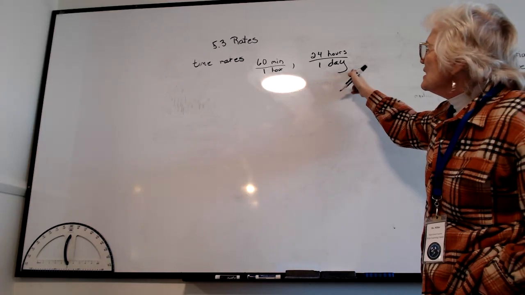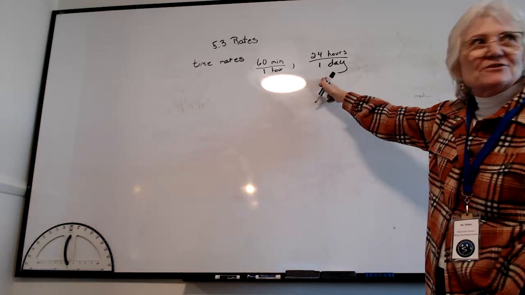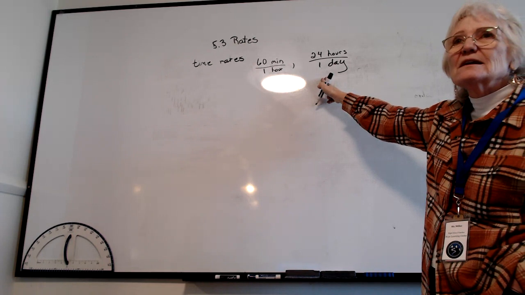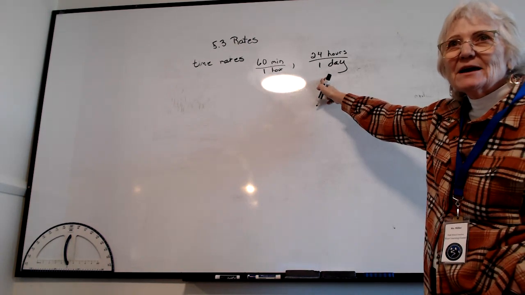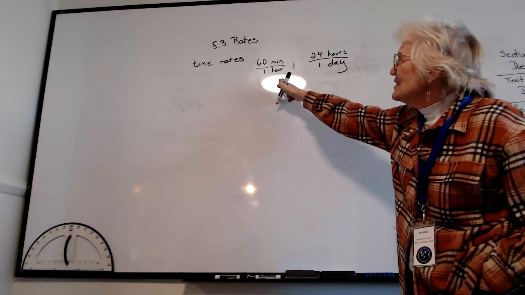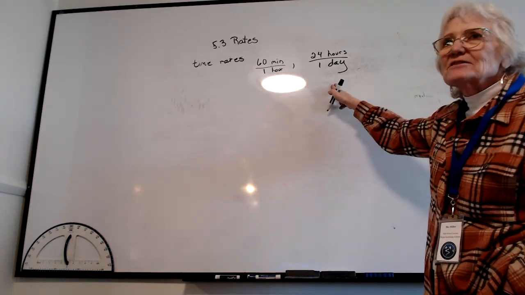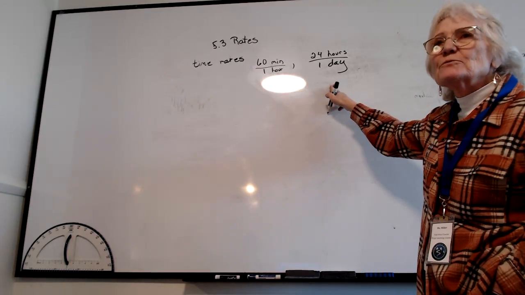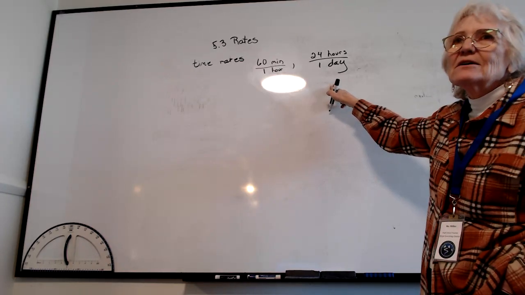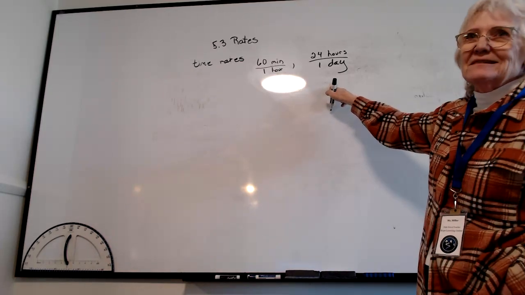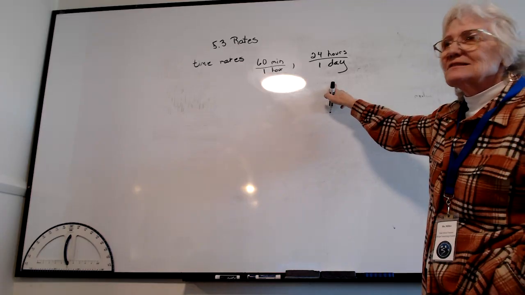Okay, this really is a fraction that's equal to 1. You think about it, because they are exactly the same in the top and the bottom. This is actually a fraction that's 1. And so we can multiply with rates, okay, to make conversions.